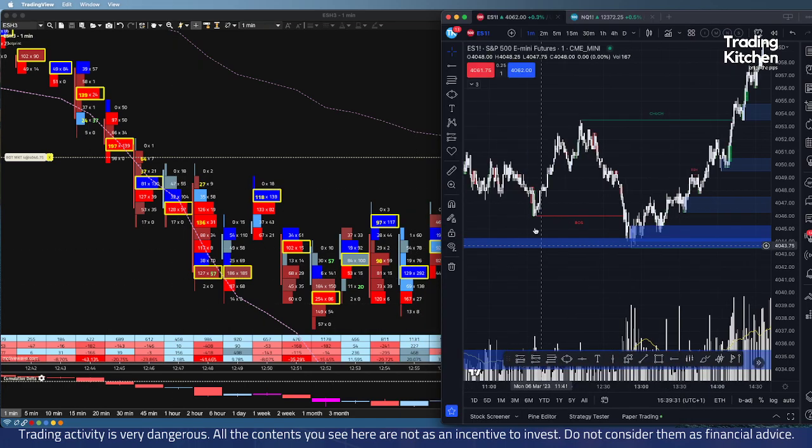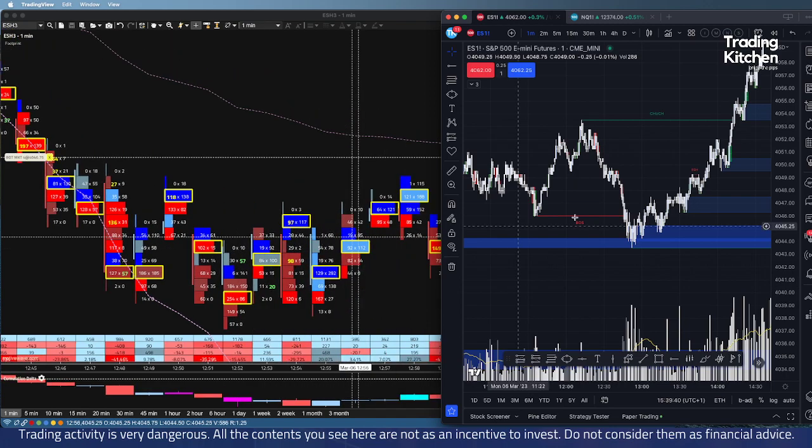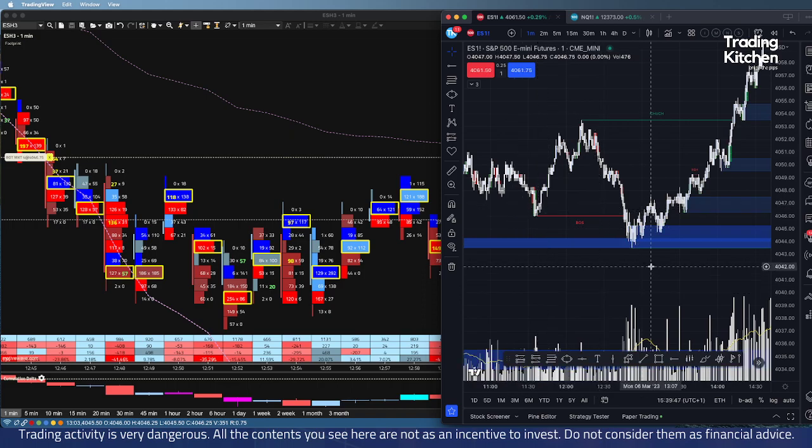Here probably we are inside the supply zone, or demand zone, for example, and we have the first break of structure here, so here we have liquidity.